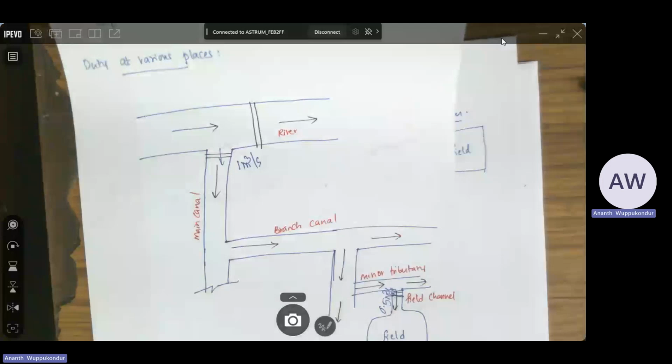So what do you think happens in reality? What do you expect? Do you expect the discharge to increase or decrease? Decrease. So what are the reasons for that?